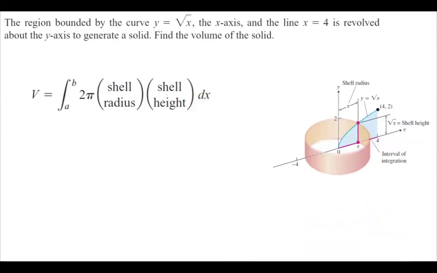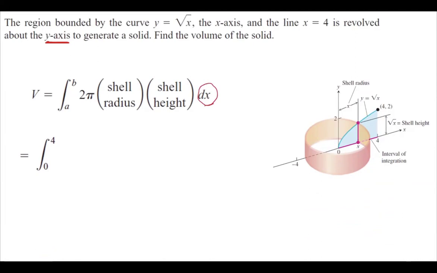The volume can be calculated as the definite integral from a to b of 2 pi times the shell radius times the shell height with respect to x, which in turn is equal to the definite integral from 0 to 4. Again, please pay attention. With respect to the y-axis, everything is written in terms of x.